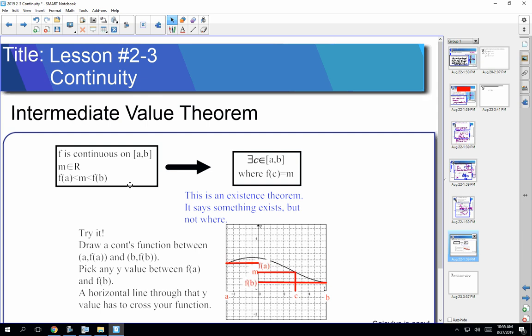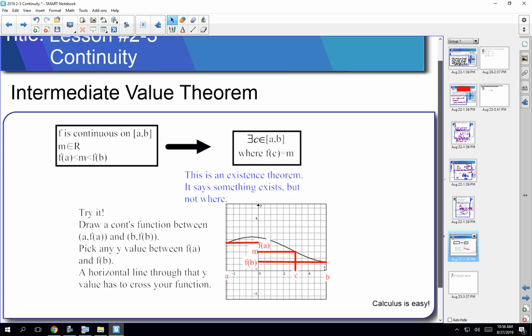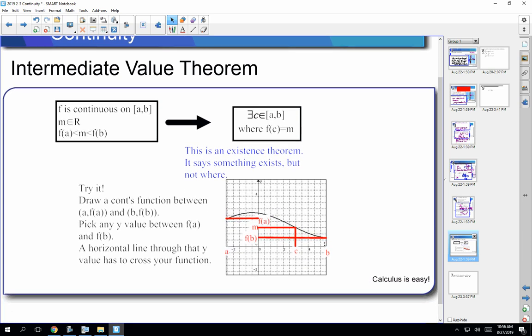Then, that's what the arrow is, then there exists a number c in that closed interval from a to b where f of c equals m.